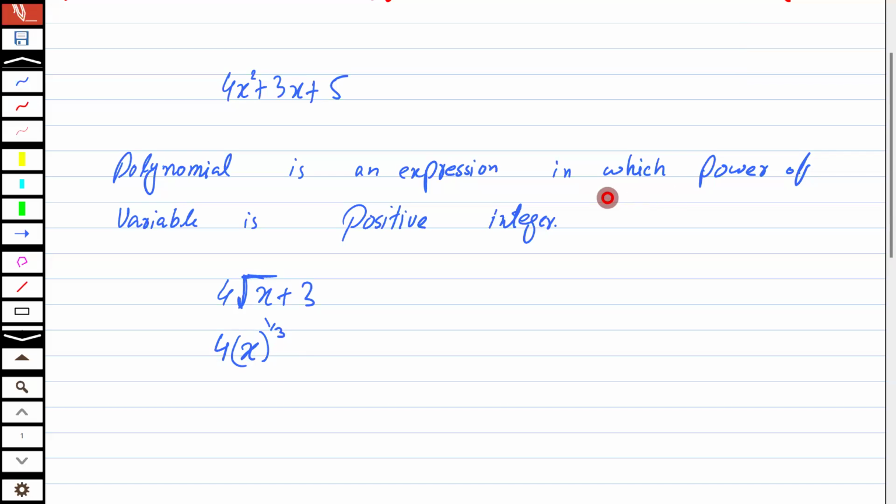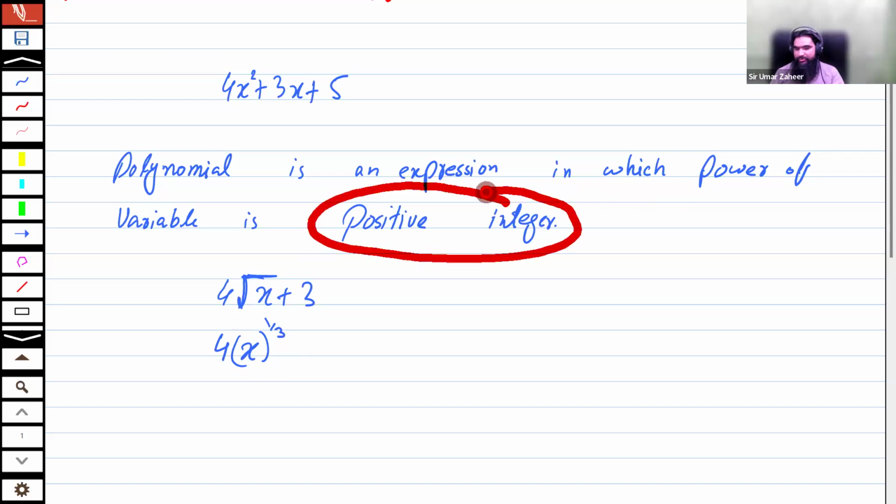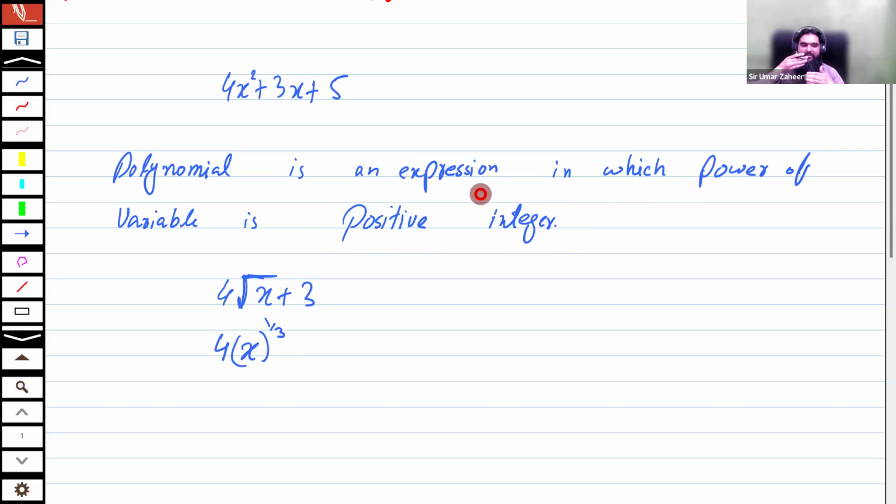And in the definition, I told you the power must be a positive integer. Integer means plus 1, plus 2, plus 3, plus 4, and so on. It is 1 by 2, so obviously this means it is an algebraic expression, but it is not a polynomial. For a polynomial, the power of the variable must be a positive integer.